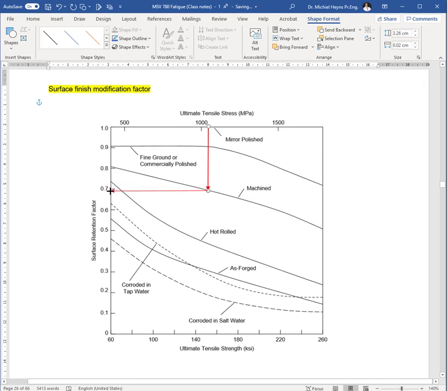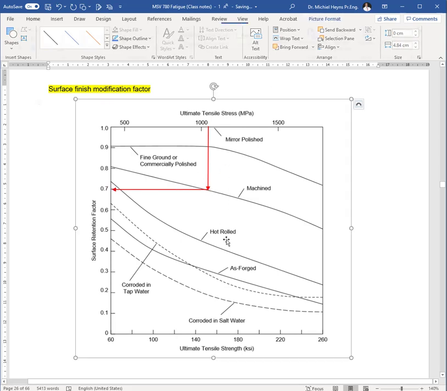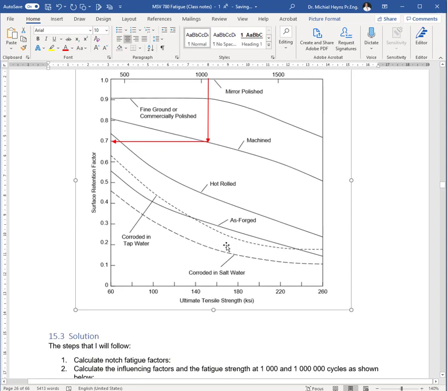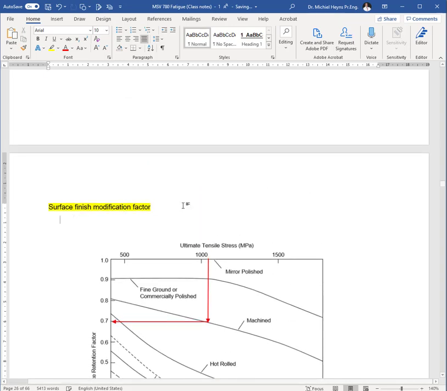It seems as if the surface finish factor is approximately 0.67.